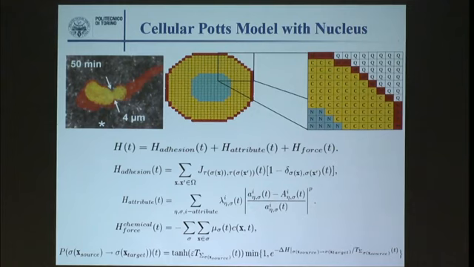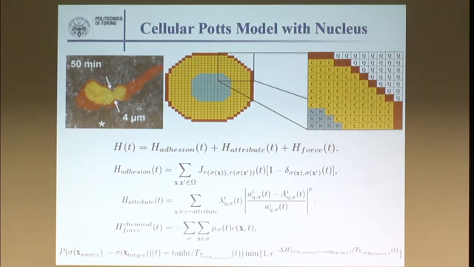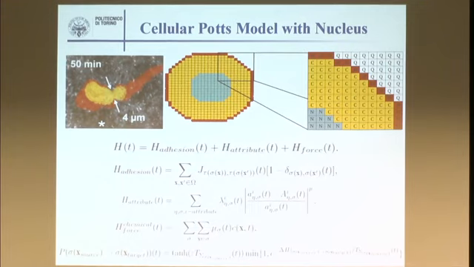This is the preferred configuration, the stress-free configuration. If the cell is here, in order to pass through this region, it has to deform this network. You have to spend some energy, and you put that into this Hamiltonian here. You can call it Hamiltonian, you can call it generalized energy.